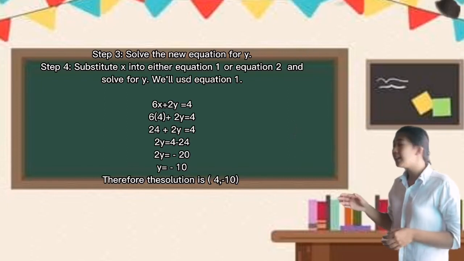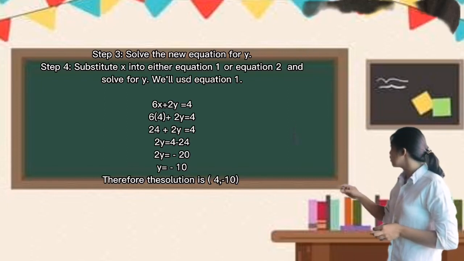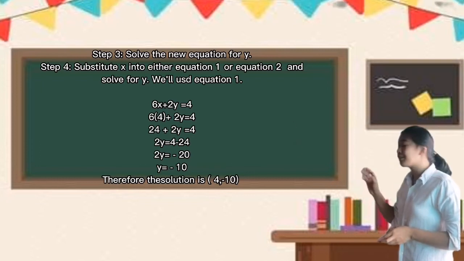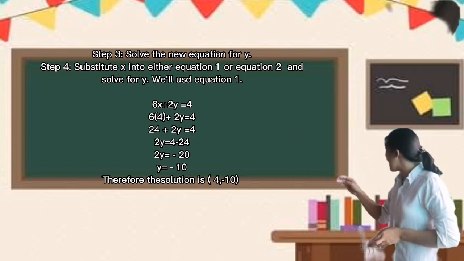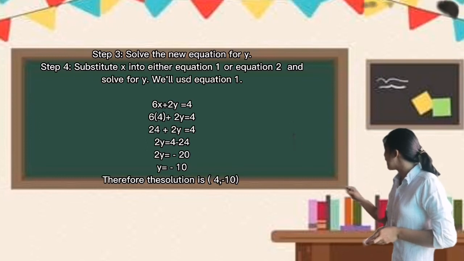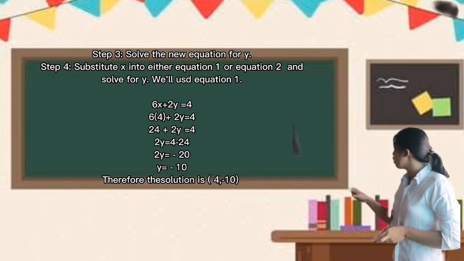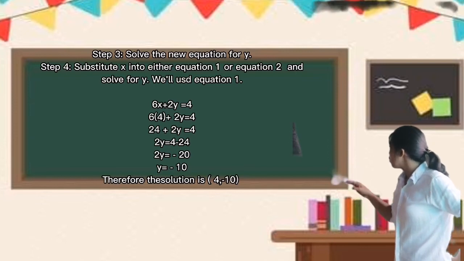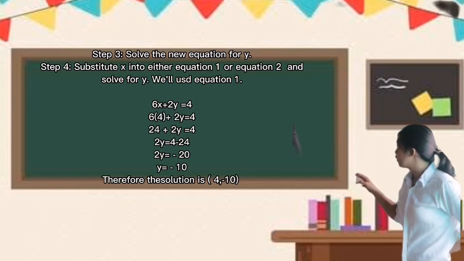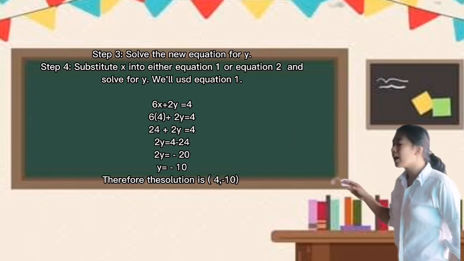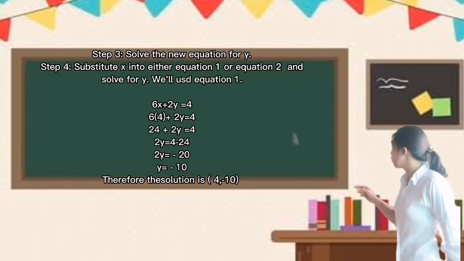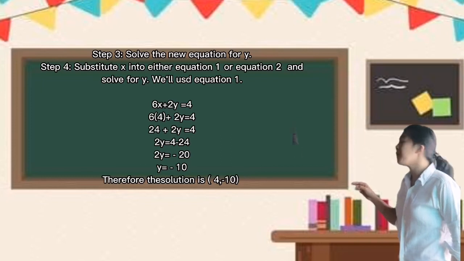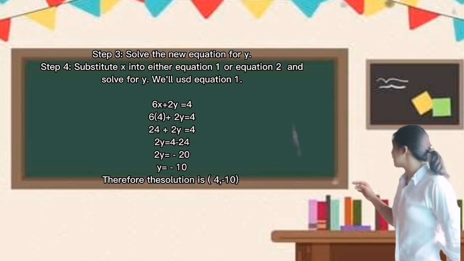Then, combining like terms, transpose 24 to the left side. So we have 2y is equal to 4 minus 24. So 4 minus 24, we have negative 20.